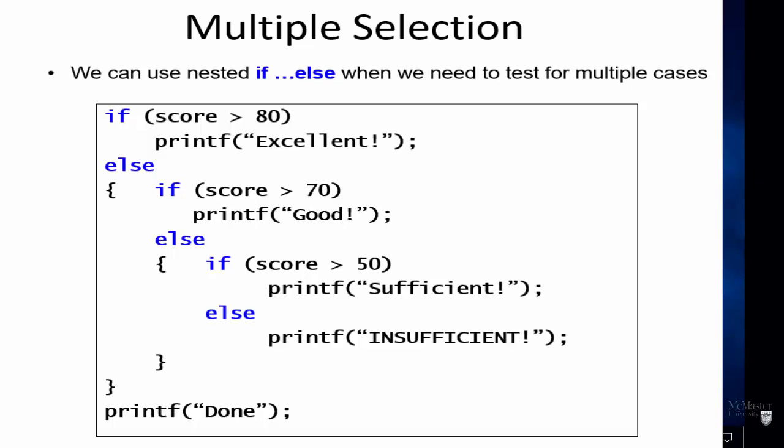If the score is larger than 80, then it's done. You have A or excellent or something, right? Else, then you have a set of other choices. So now it's not one choice, you have multiples of these. You go through them one by one, and then you check the second thing is 70 and then 50, and afterwards you are screwed, right? Good.